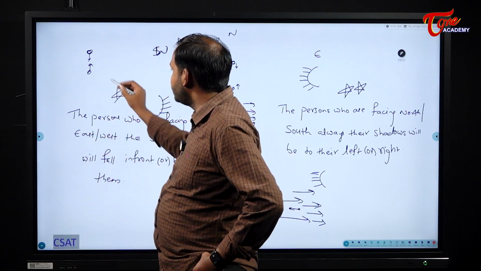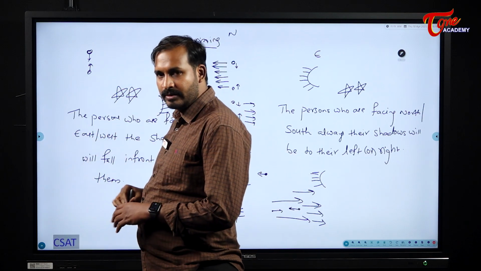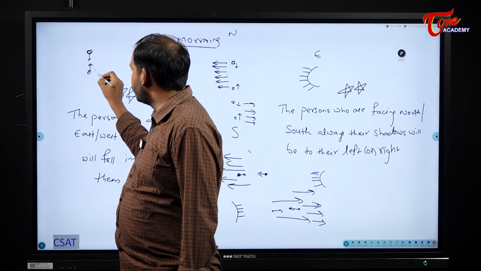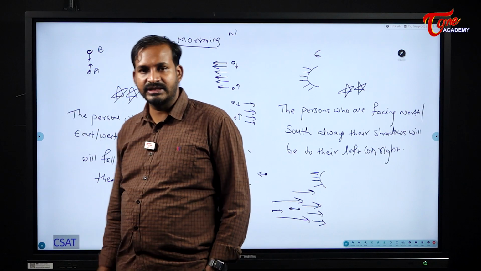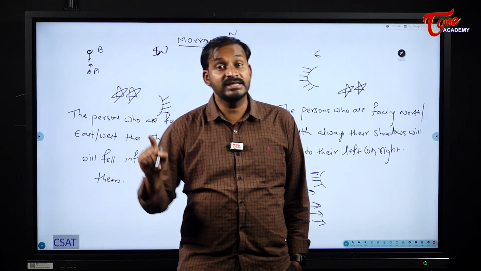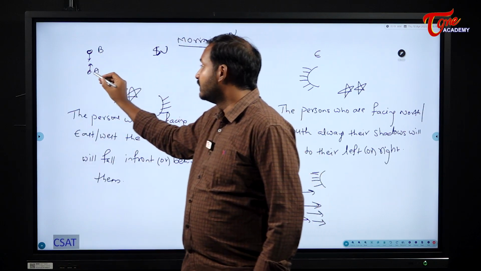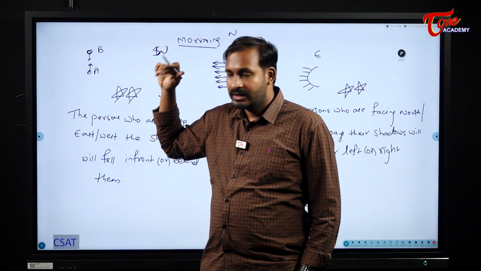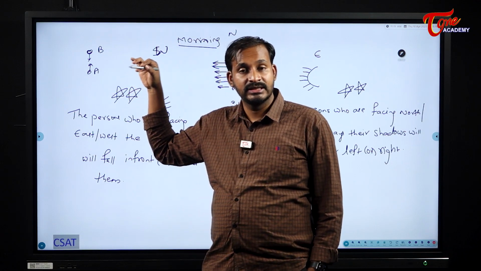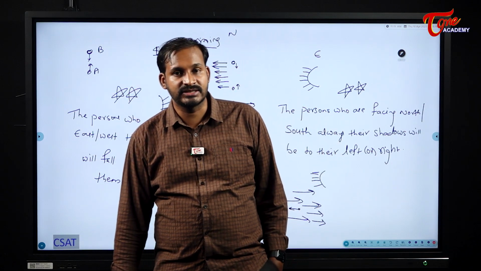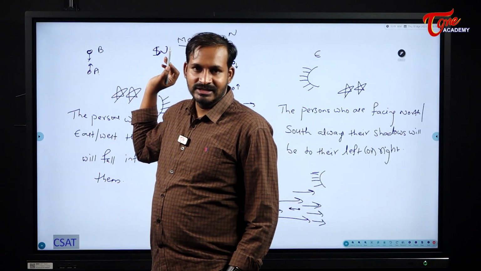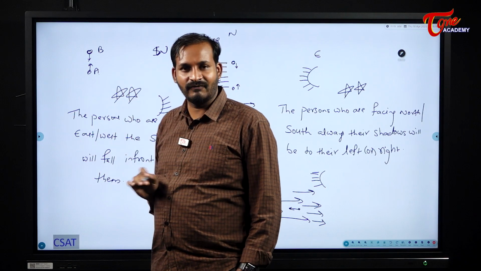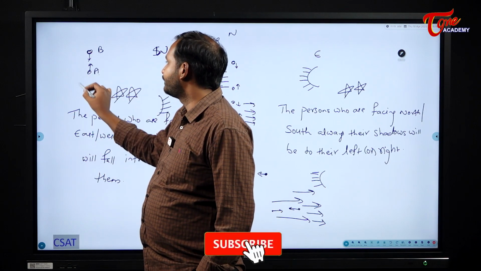And please be careful, in these problems, if two persons A and B are there. Now please tell me, A will face which direction? A will face northward direction. Why? Because he is looking upward. When it comes to B, B will face southward direction. But A is to the south of B and B is to the north of A. So please be careful.